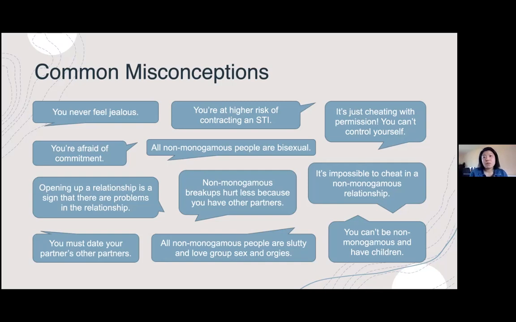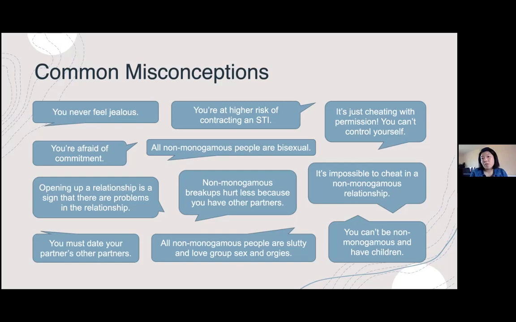So what commitment means to me is a relationship where two people are looking after each other and listening to each other's needs, caring for each other, celebrating each other in good times, and supporting each other when you're going through hard times. And it's about that emotional connection that you have, rather than the things that you are doing to signify how serious you are about each other.